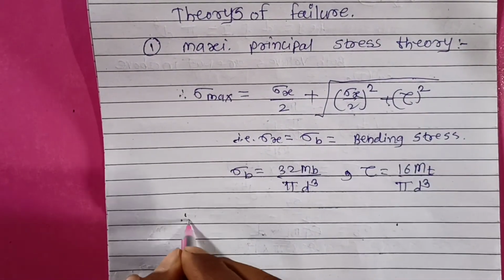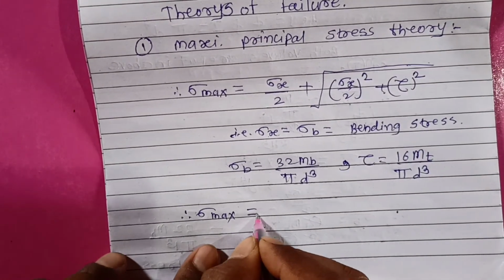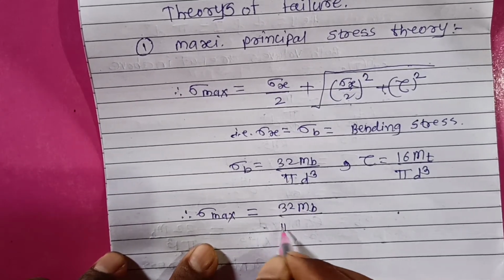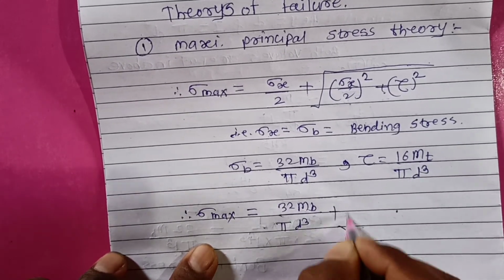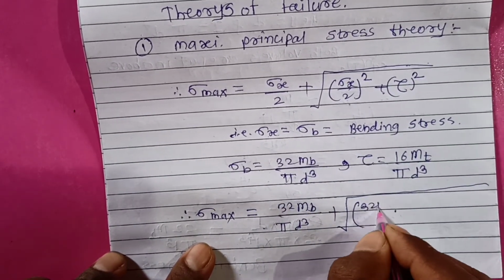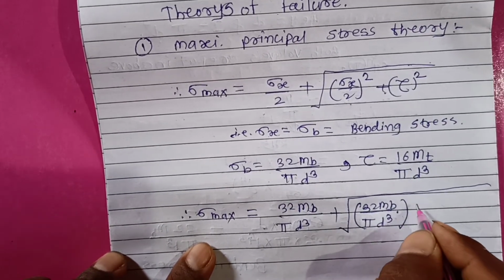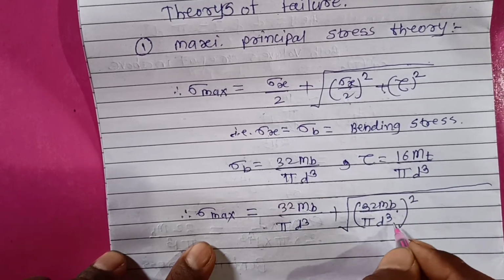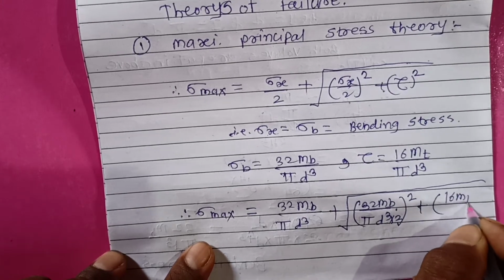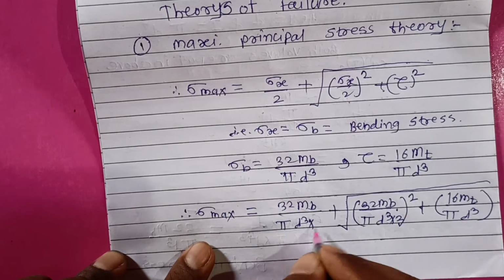Now sigma max is equal to 32 mb divided by pi d cube divided by 2, plus root of (32 mb divided by 2 pi d cube) bracket square plus (16 mt divided by pi d cube) bracket square.